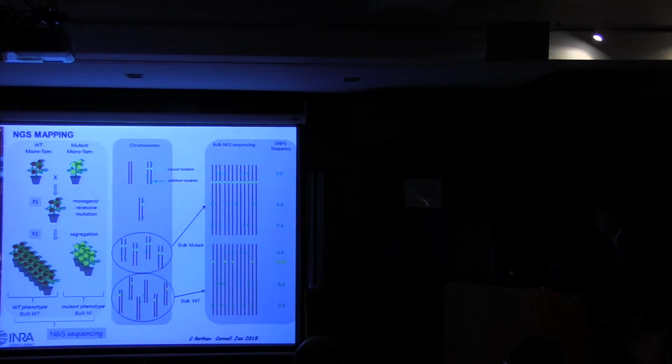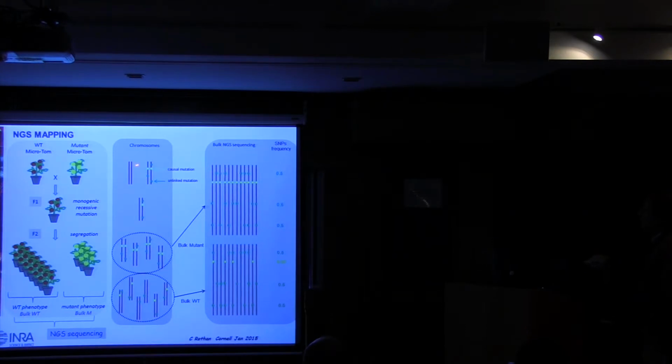So we did that. What you can wait for when you have a recessive causal mutation, homozygous here in yellow, and this is an unlinked mutation in green. If you look at an unlinked mutation in the mutant bulk or wild type bulk, the frequency will be 0.5.